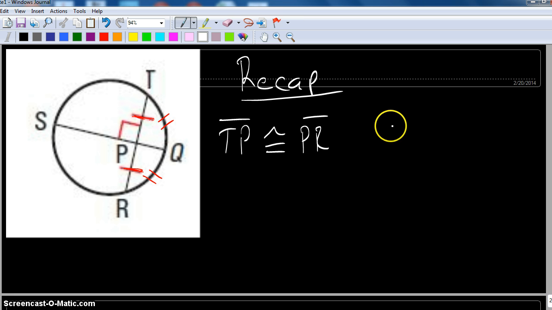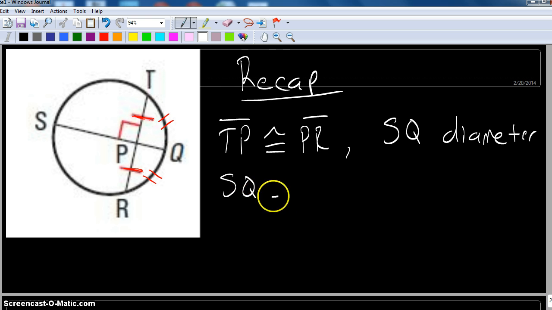We have SQ is the diameter. And we have that SQ is perpendicular, this is the sign for perpendicular, to TR. And we have that arc TQ, this one right here, is congruent to arc QR.